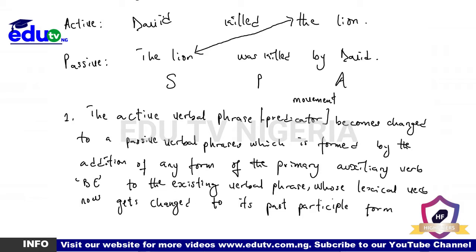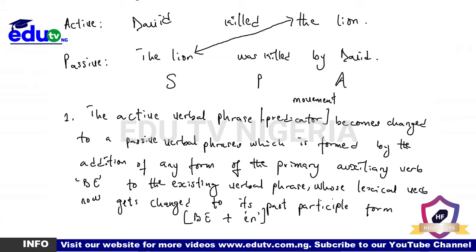All we're trying to say here is that this is the simple formula: we now have the be verb plus the past participle form of the lexical verb.